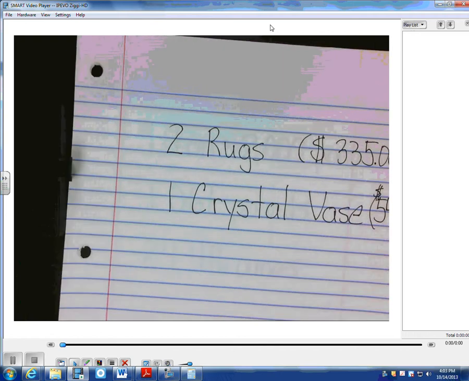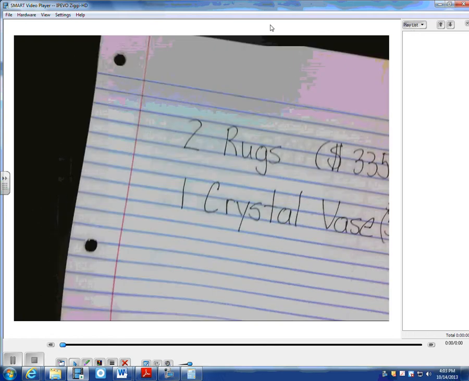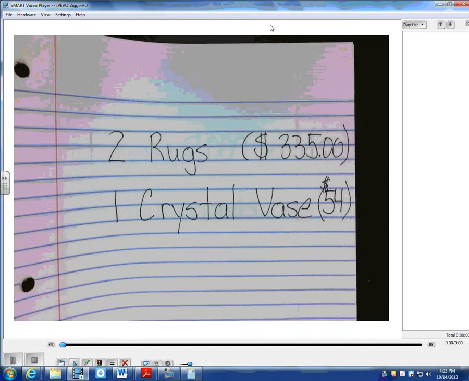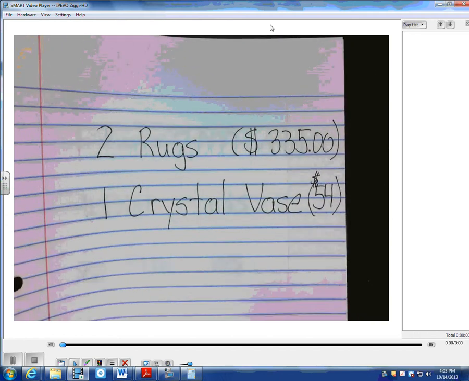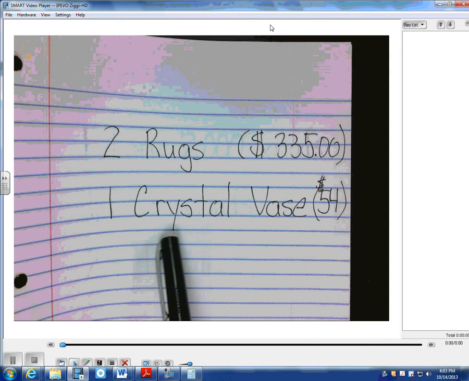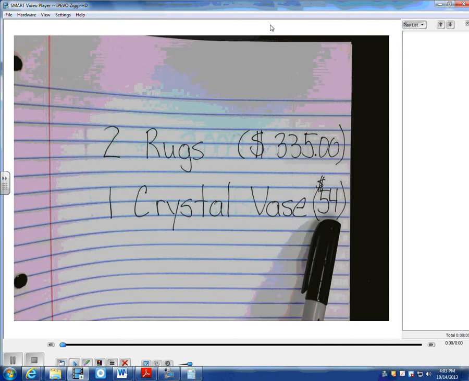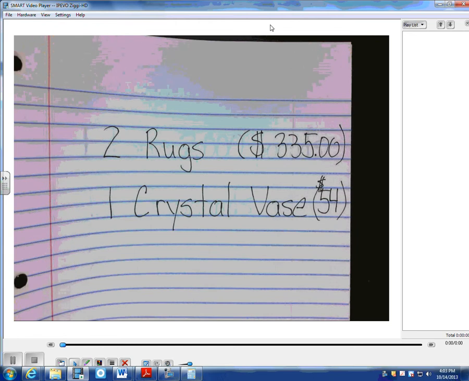We know that the 2 rugs that we need to buy cost $335 a piece. That's not for 2, that's just for 1. And then we know that 1 crystal vase costs $54. Okay, so in order to determine how much we're going to need altogether, we're going to have to do some addition. I'm not going to do that with you.